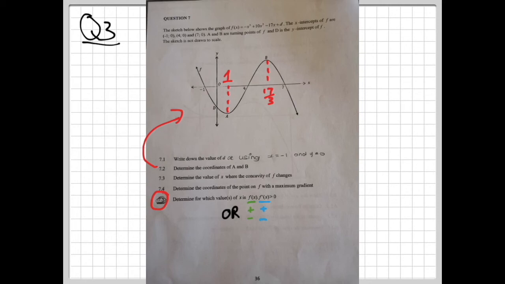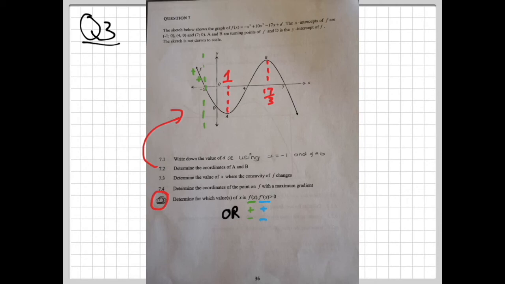Now, I'm not going to worry about that at this moment of time. What I'm first of all going to do is go back to my graph and start by looking at the y values, where the y values are positive or where they are negative. So with the green ones, I'm going to start on the left-hand side of -1. On the left-hand side of -1, the graph is positive.